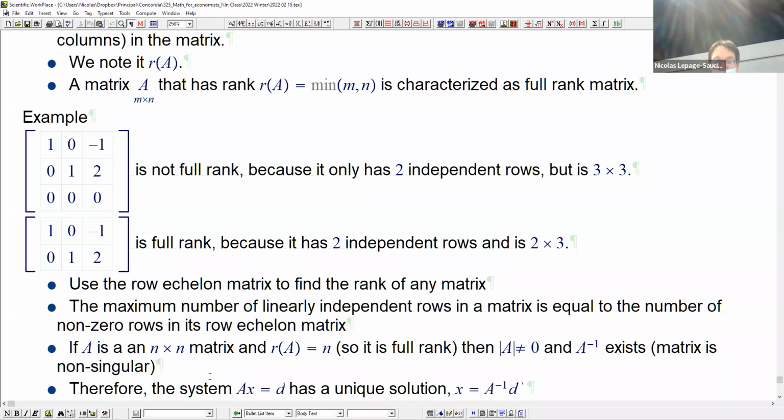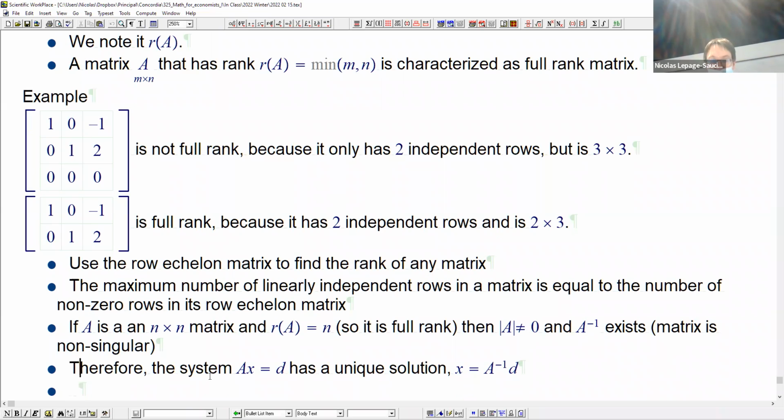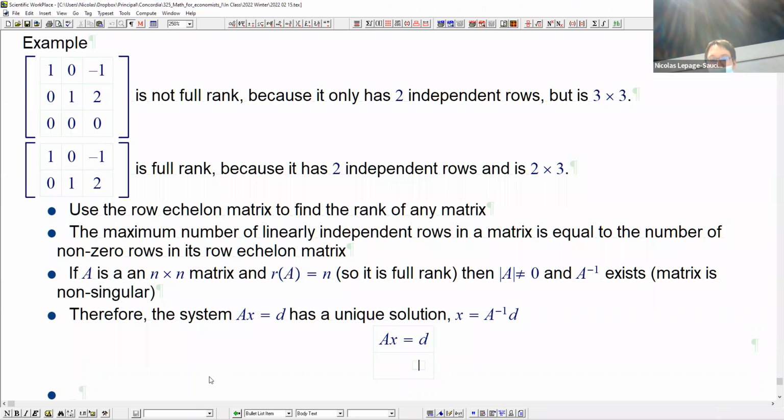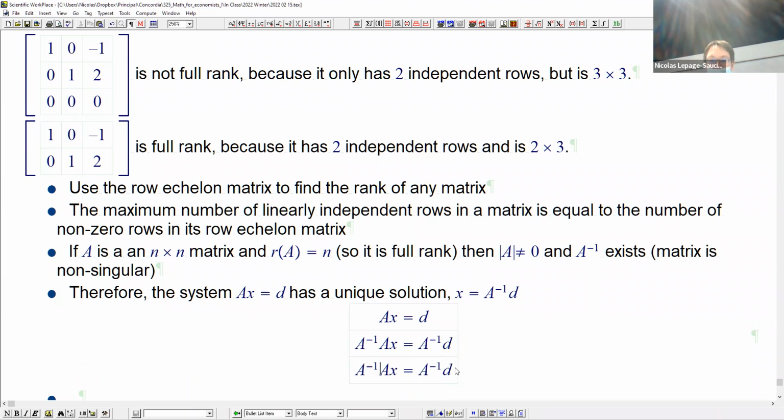So how do I find this? Well, I start with AX equals B. I pre-multiply by A minus 1 on both sides. So I get A minus 1 A X, and here I get the identity matrix. If you find the inverse, then you already have your solution. So is that a trick to go faster?